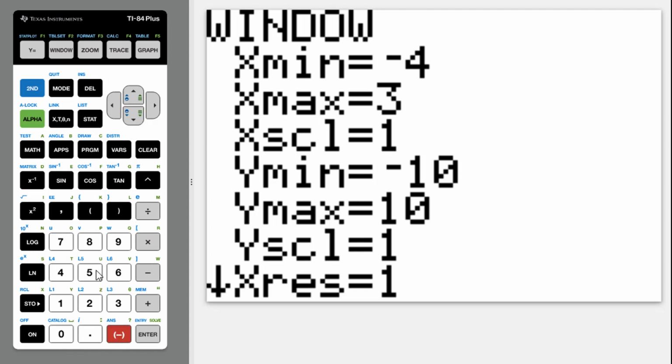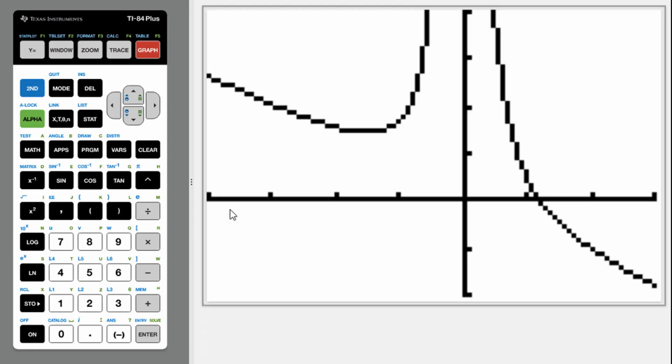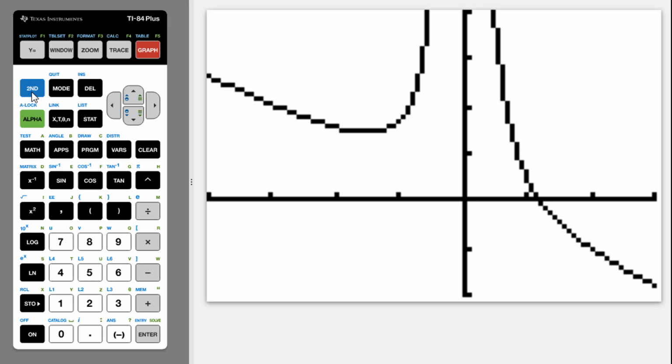For y minimum, go to negative 50. Maximum 100. And the scale we set up is 25. Then you graph. You could say this is what the graph looks like. We can work out this zero now.